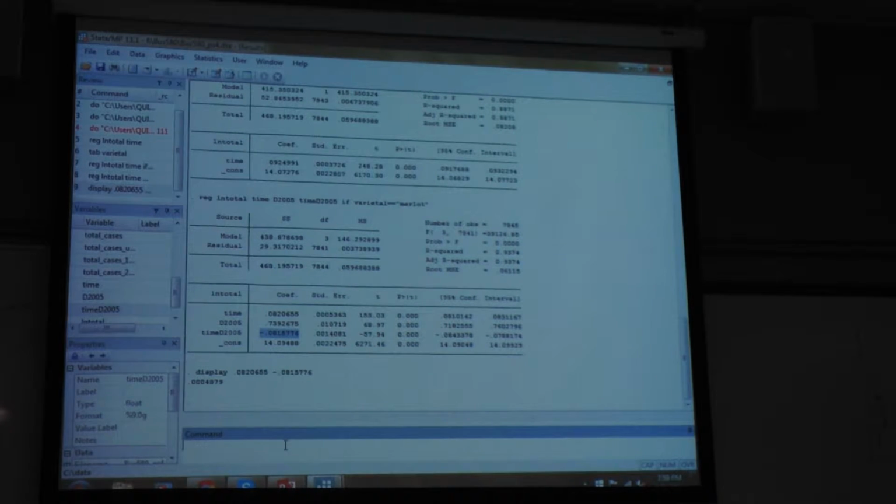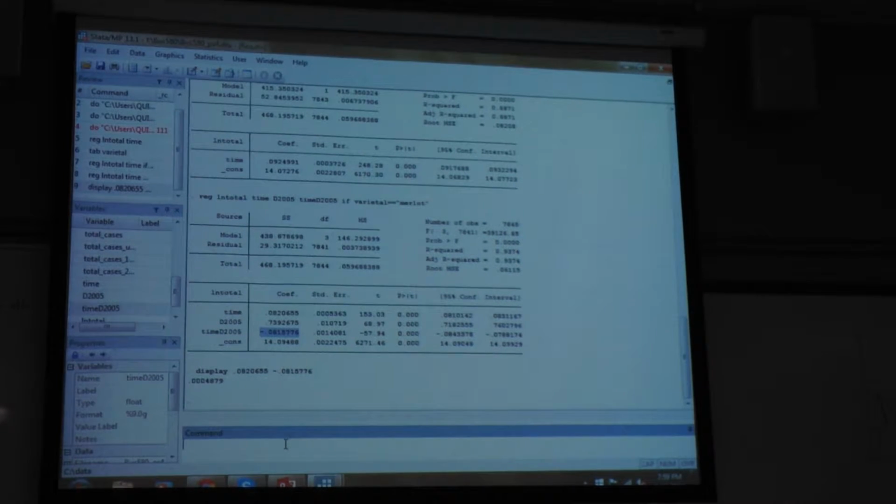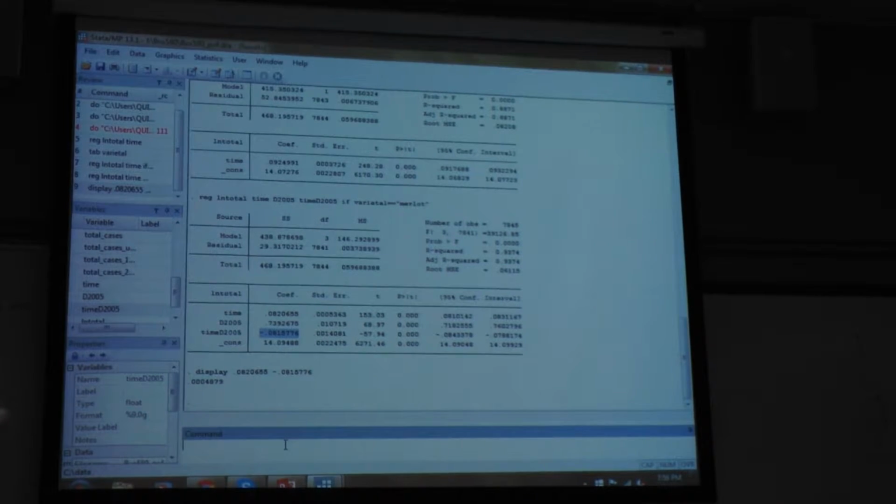And essentially, let me draw a slope of it. We know that beta 1 plus beta 3 is essentially 0. The slope of this line, they cancel each other out.